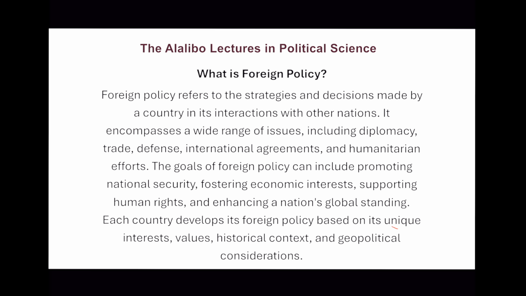So we begin with a very basic definition of what foreign policy is. It says here, foreign policy refers to strategies. Please take note of this. Foreign policy refers to strategies and decisions made by a country in its interaction with other countries, right? So, how it interacts with other countries.